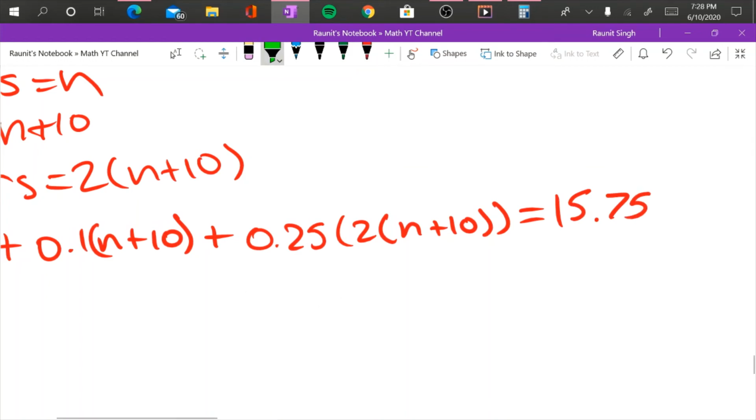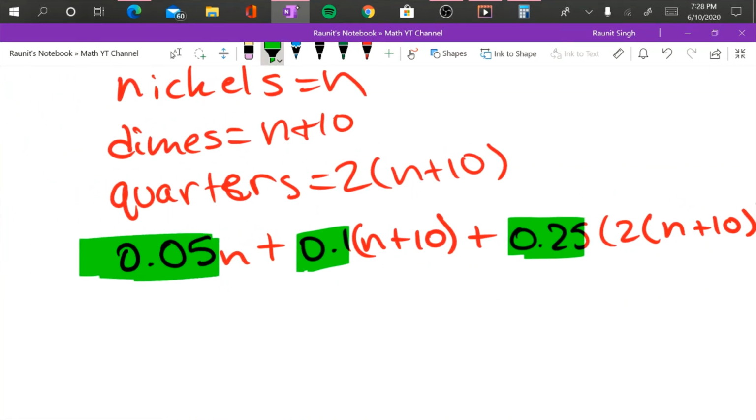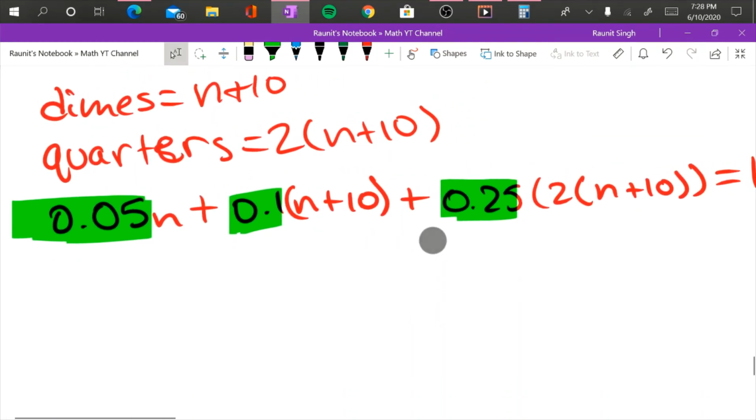So 0.05, 0.1, and 0.25 are the values of the nickels, dimes, and quarters, respectively. Anyway, now we're going to use the distributive property, and then simplify.